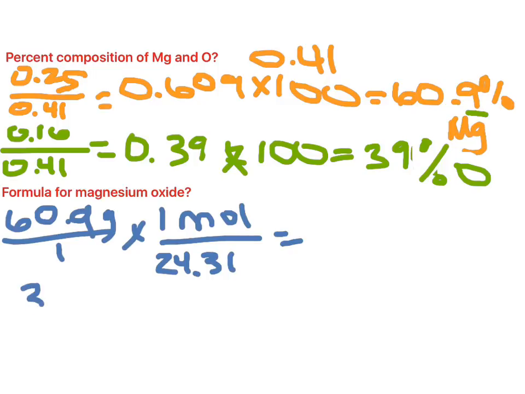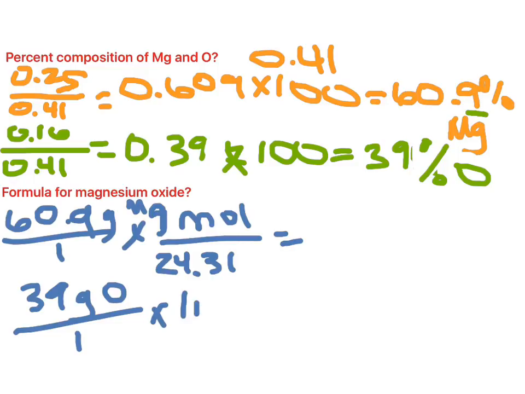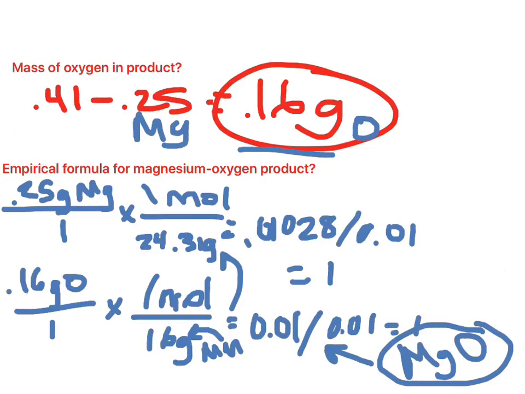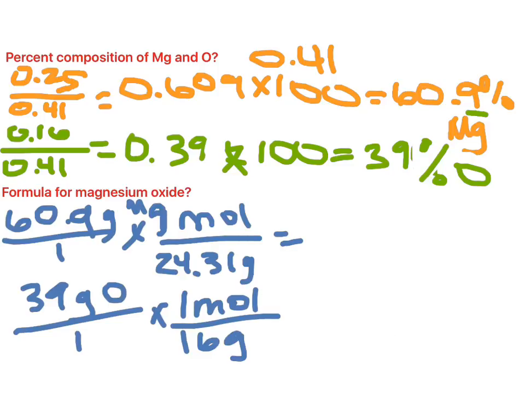Then you have 39 grams of O, times 1 mole over 16 grams. Okay.